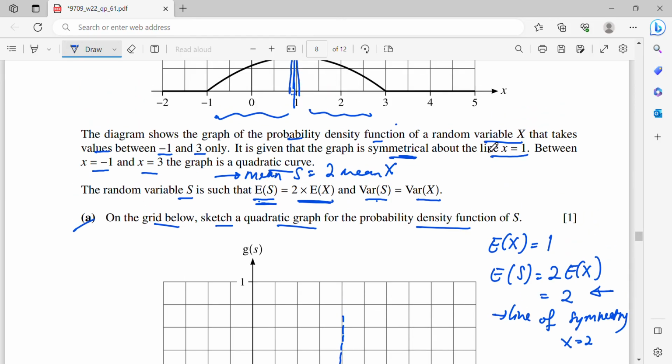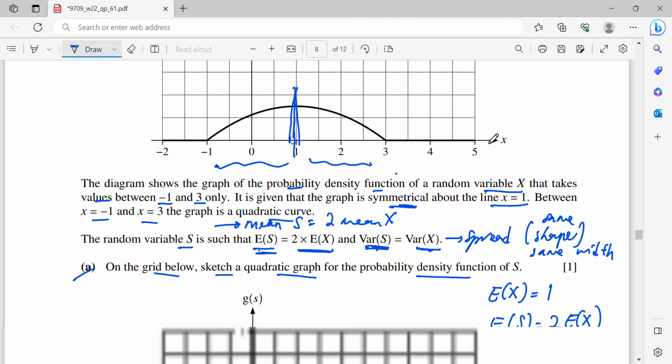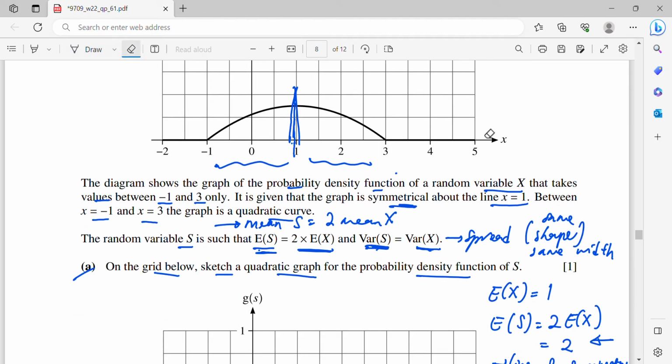And then for the variance, Var(S) equals Var(X) means that this is the spread. So spread is referring to the shape. That means same shape, or I would say it will be the same width as well. So now let's look at the original graph. We have done the line of symmetry: from 1 we change to 2.